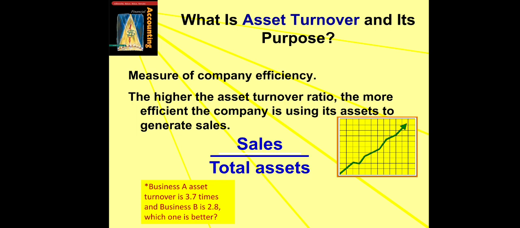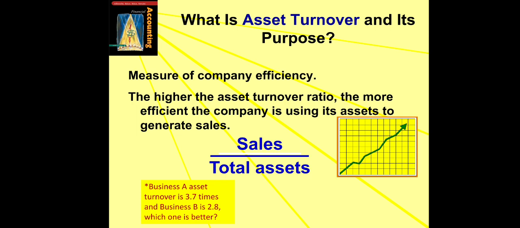Business B is more efficient because business B uses $100,000 asset and can generate $350,000 sales, compared to business A, whose sales are only $250,000. Business B can generate more sales using the same amount of asset compared to business A. That is the logic of how asset turnover ratio measures a business's efficiency.